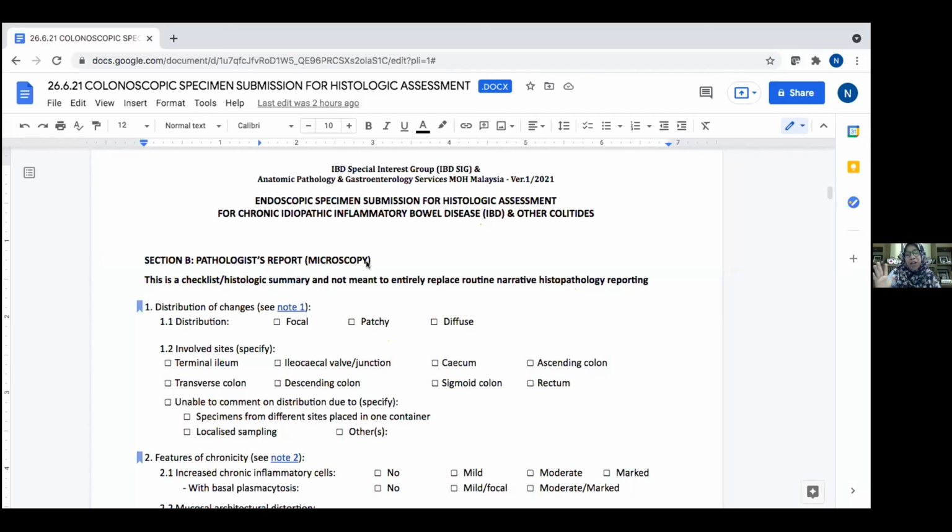The history of drug use comes only from the clinicians. We cannot confirm that.